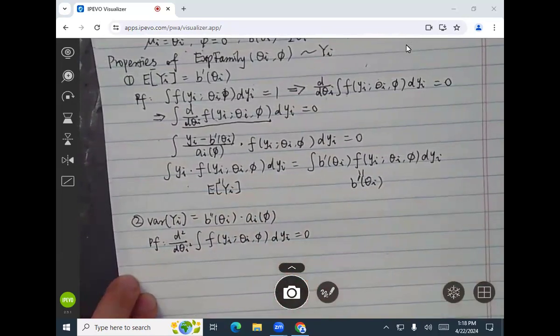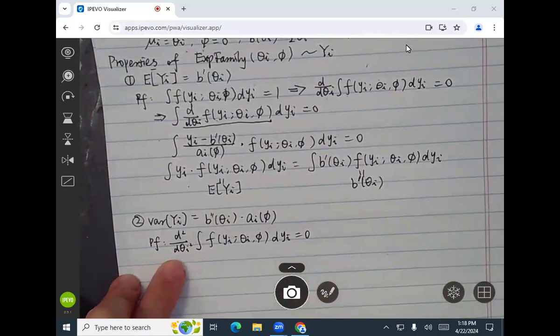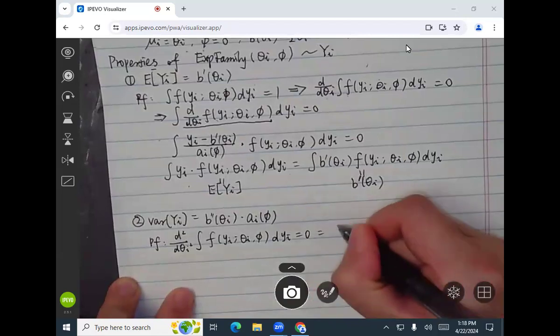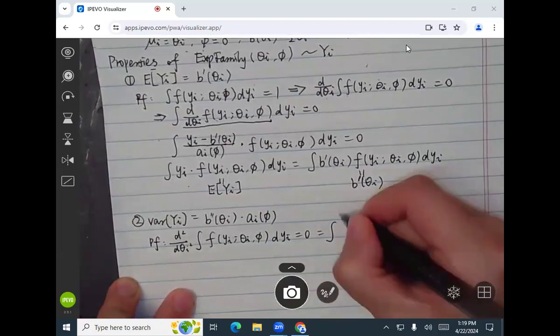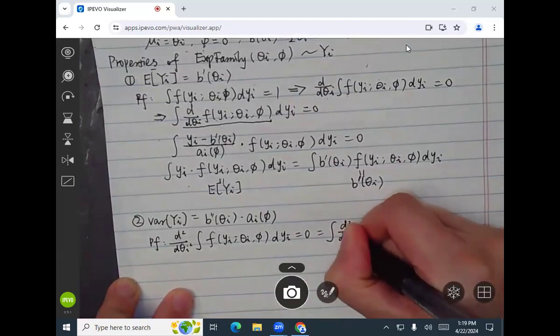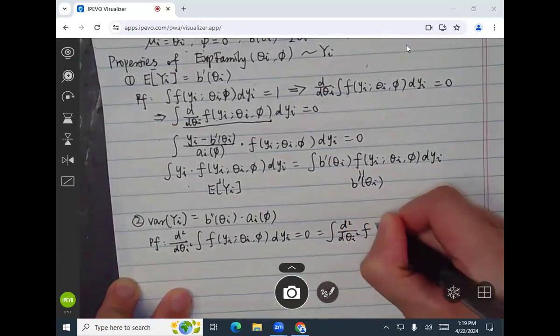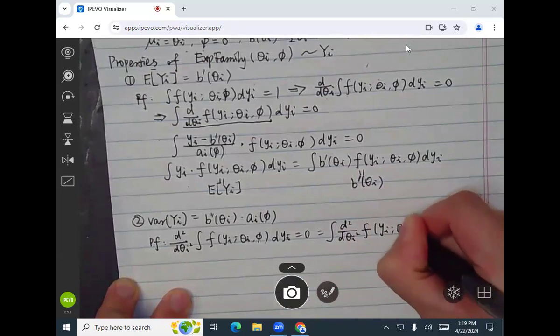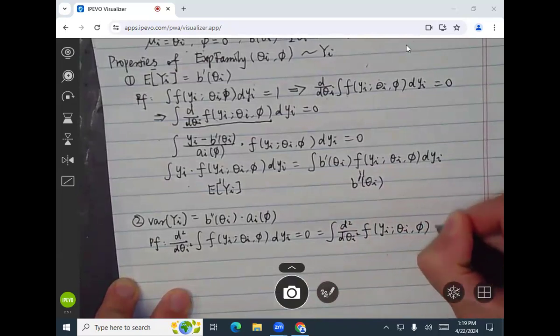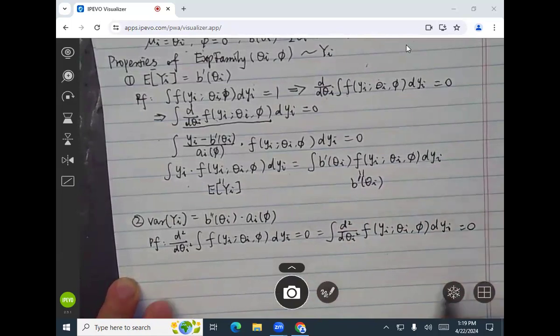This is 0. And again, we've swapped the derivative with the integration. So basically we will have the integration outside, the second derivative inside, d squared over d theta i squared of f(yi; theta i, phi) dyi. Okay, this is 0.